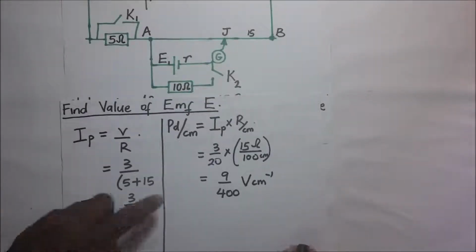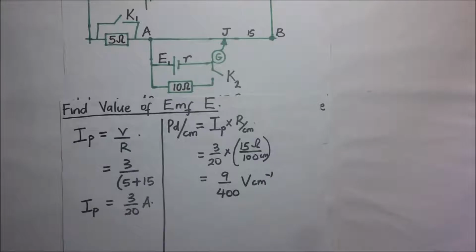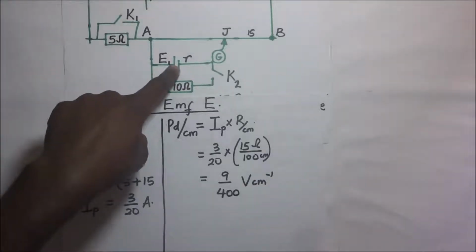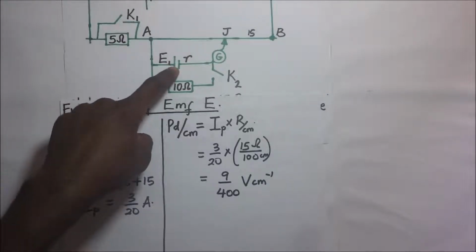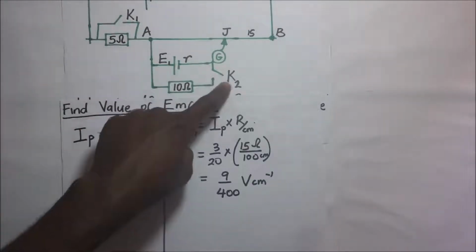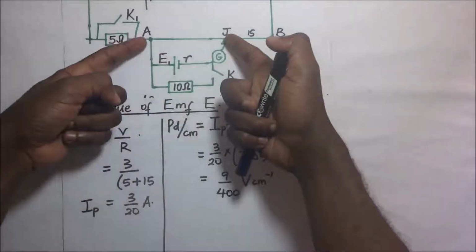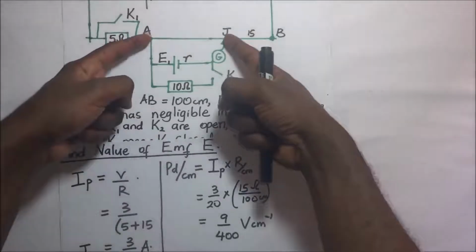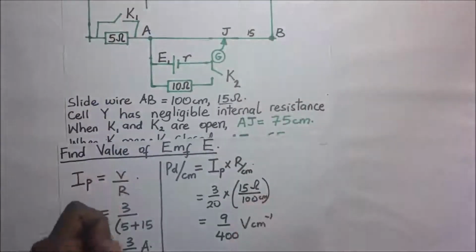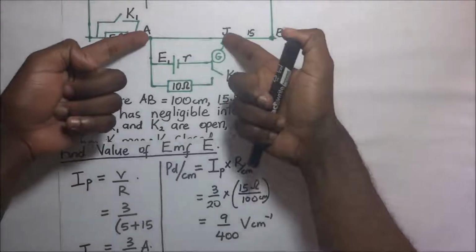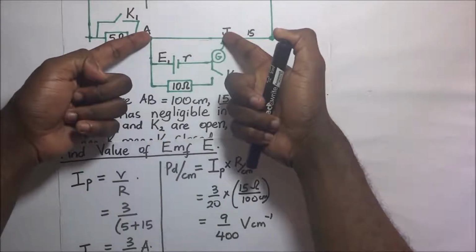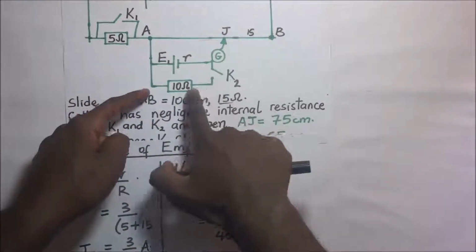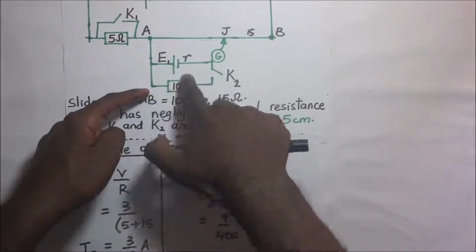Now that we have our PD per centimeter, which is 9 over 400, remember the question requires us to find the EMF of that cell E. Remember that when K1 and K2 are open, the balance length is 75 centimeters. According to the principle of the potentiometer, the potential difference across that balance length is equal to the potential difference across that cell E. Since K2 is open, this resistor is redundant, it's not in the circuit.